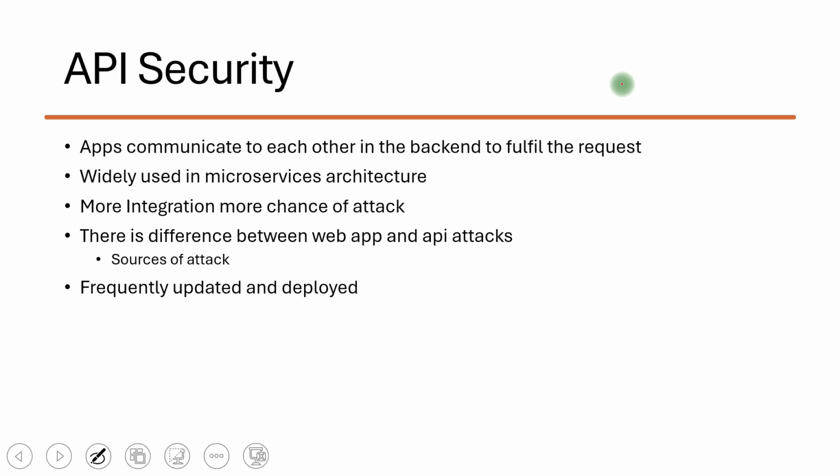Say a software is not deployed many times a day, and we have tested all the entry and exit points, we are good. But in the scenario we have nowadays, where it is changed many times a day, with every change it is possible that some security loophole will come up. So it adds responsibility on the security team as well, in testing each and every change that comes out.